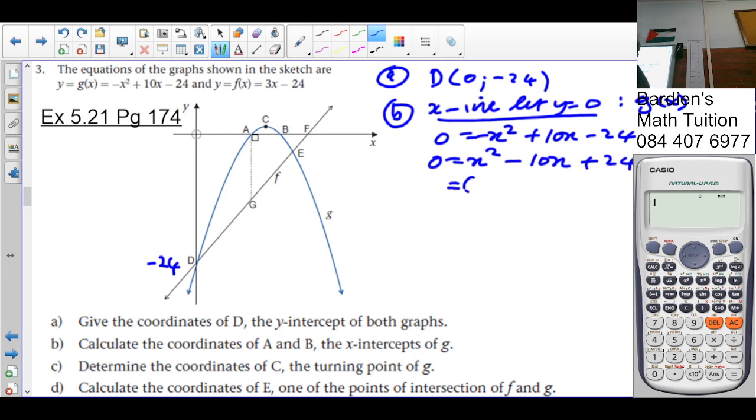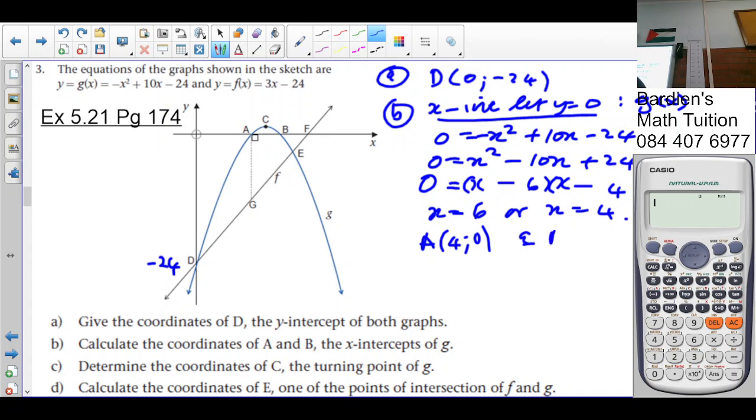Then I factorize the trinomial. So that's an x and an x. 24 is going to be 6 and 4, both negative. So x is equal to 6 or x equal to 4. So what's the coordinates of A? 4 and 0. And B? 6 and 0.